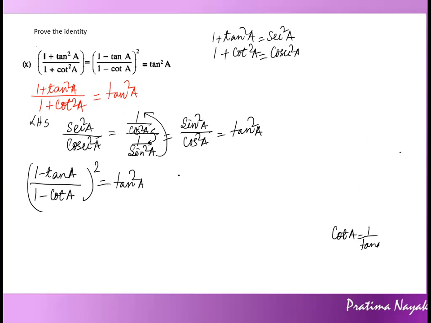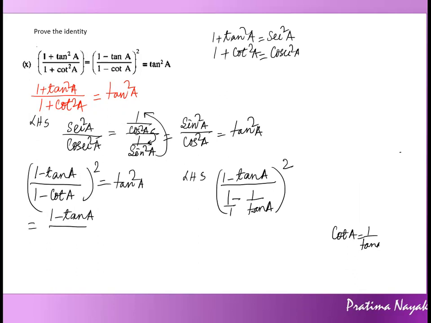So when I write the LHS, I'll write (1 minus tan A) upon (1 minus 1 upon tan A), its whole square. This is equal to 1 minus tan A. Now I am simplifying the denominator. The denominator LCM is tan A. Tan A will be multiplied with 1: tan A minus 1, and whole square.